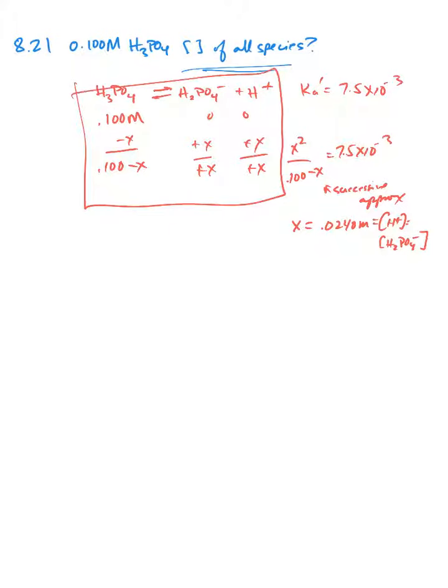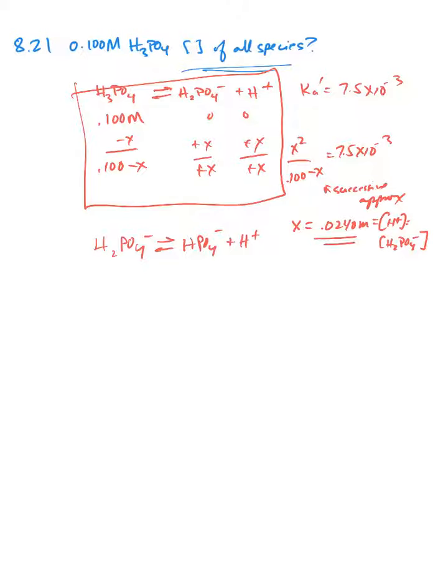But here's the ICE table for the loss of the first proton. Since this is a triprotic acid, you're going to need a different ICE table for the loss of the next proton. Keep an eye on the reaction that you're using, though.